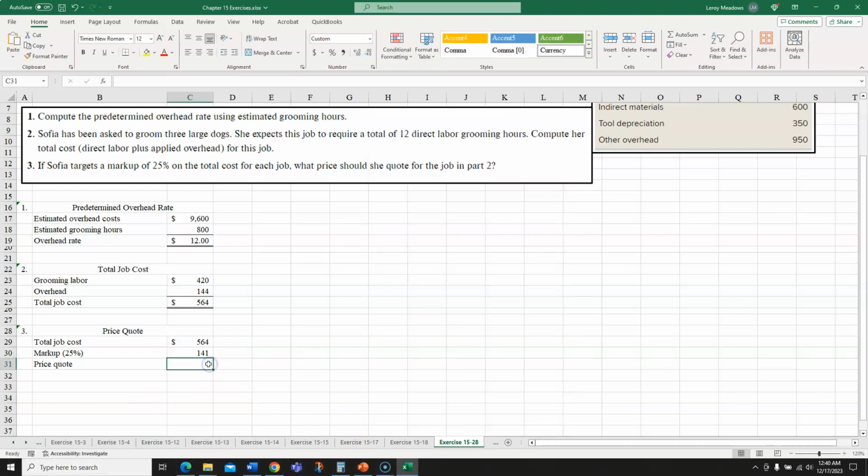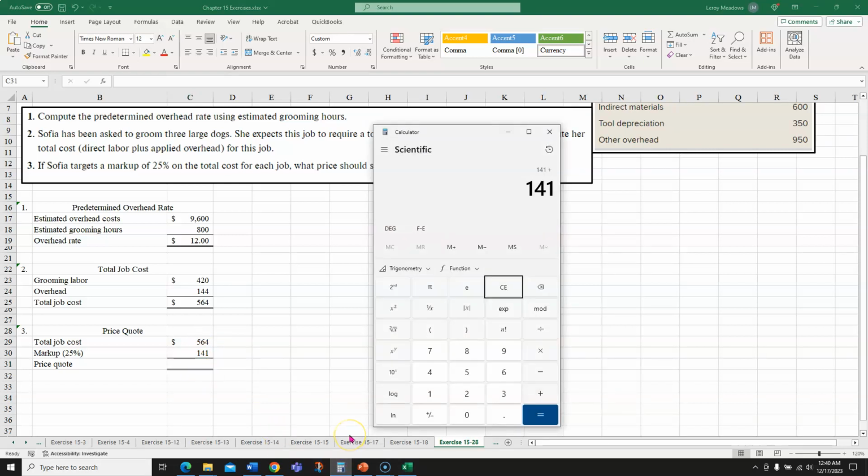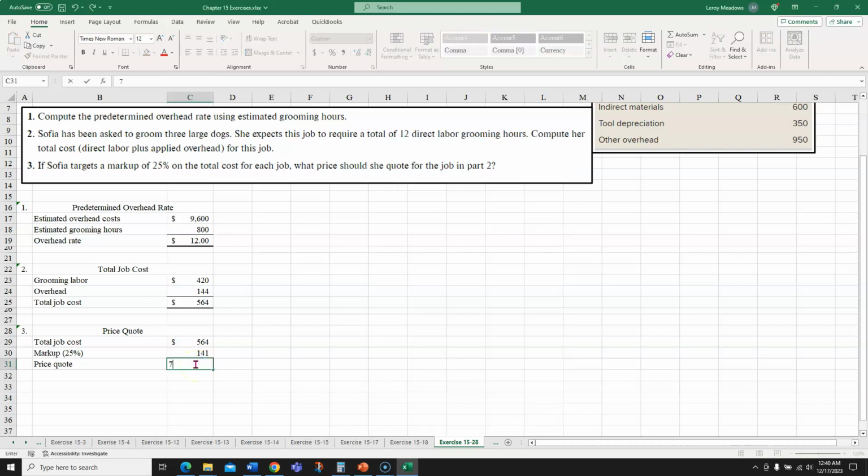So the price quote Sophia is going to be giving is going to include her total cost of the job plus her markup or her desired profit, and 141 plus 564. So she is going to quote for the job of grooming those three dogs $705. And that is the price that she is going to quote.